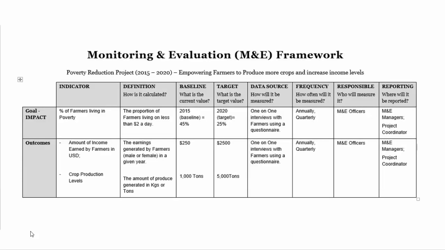Let's say you want to achieve a community free of poverty, as an example. The question is, how are you going to achieve that result? It's similar to what you see in a log frame or M&D framework. You have outcomes and impact. It's similar, except that the way it's presented is different.